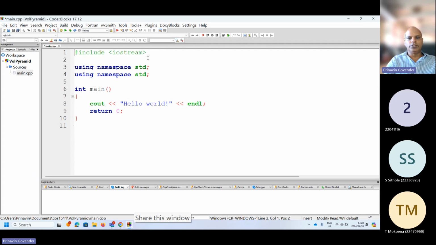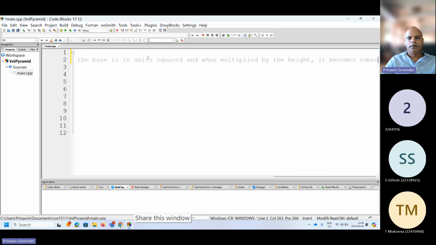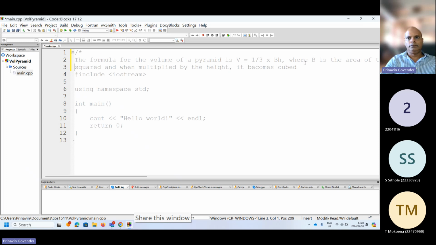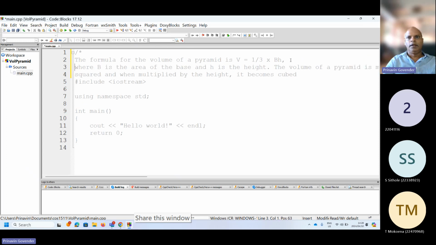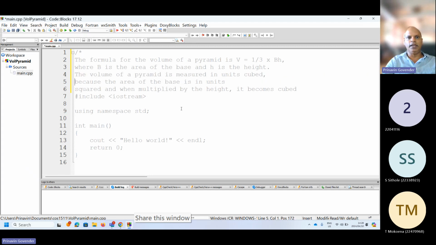So let's go to the top and put the question out there as a comment. Right, so this was the morning's question, and we want to calculate.